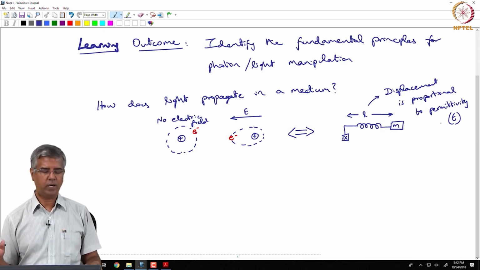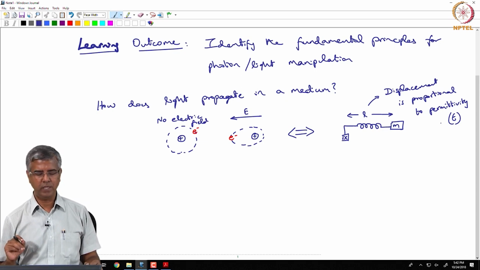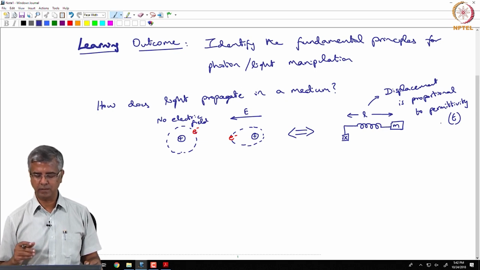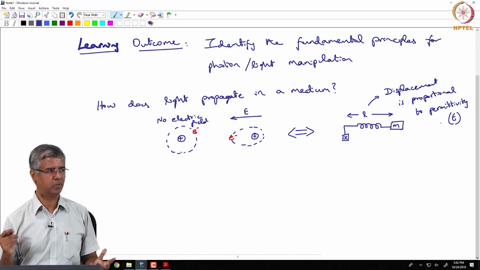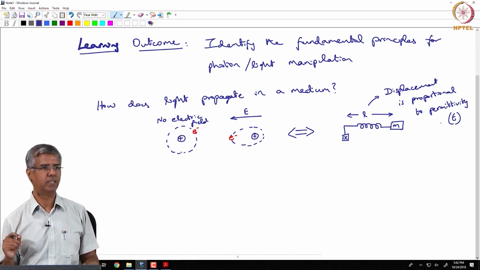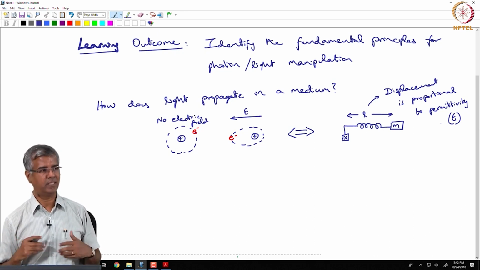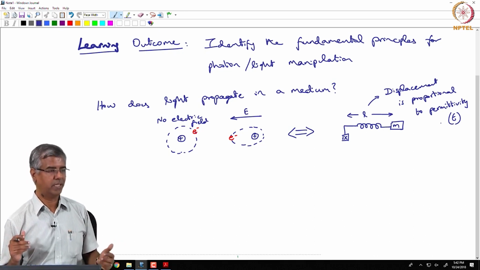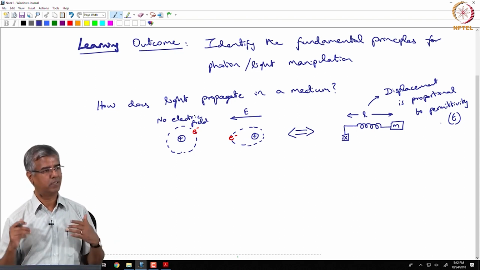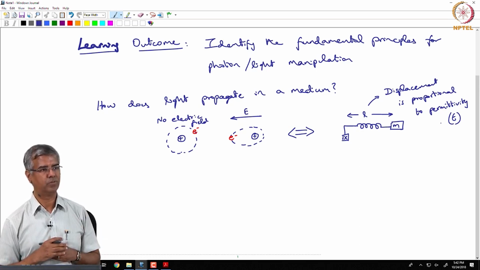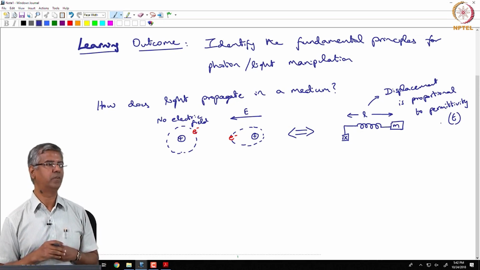All along so far in this course, we have been treating the response of a medium to an electromagnetic wave, response of a medium to light, as a linear response, and that linear response is good only for a certain range of electric field values.